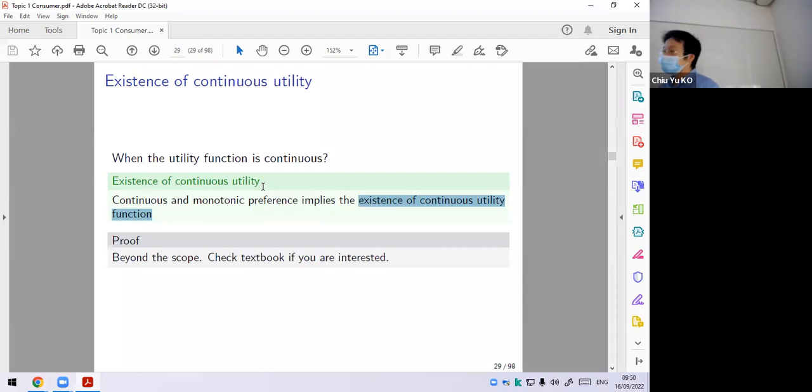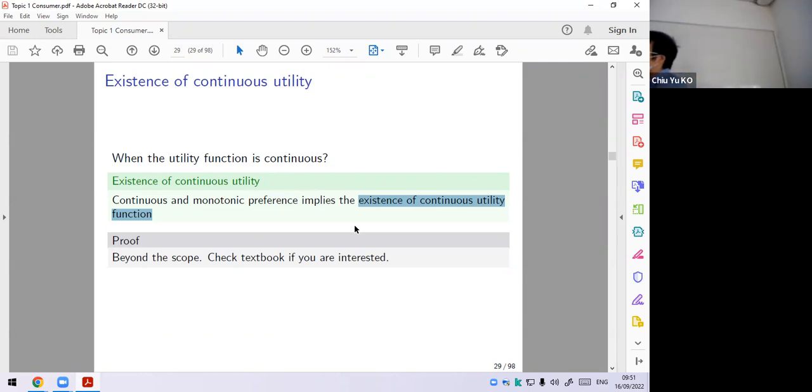Otherwise, there's no point in using calculus. Of course, at the other end, you want to see when you have a differentiable utility, but that is beyond the scope of what we're doing. You can check out the textbook to see what a differentiable preference is, but we don't go into that detail, because we have a continuous utility function.